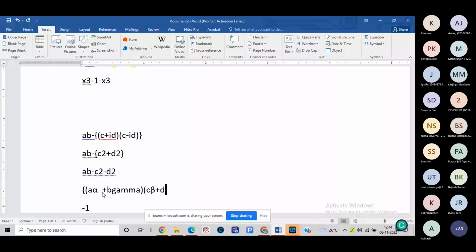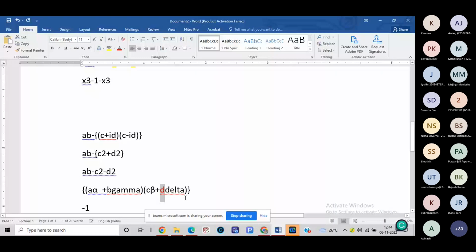This is the first one. A alpha plus B gamma, C beta plus D delta. Correct, right? Minus, again you should put it, what is it? C alpha plus D gamma.